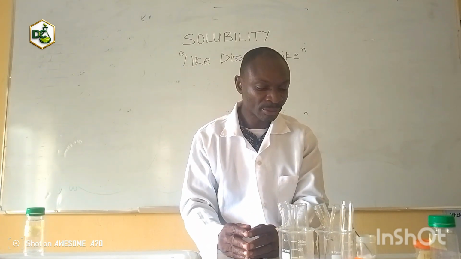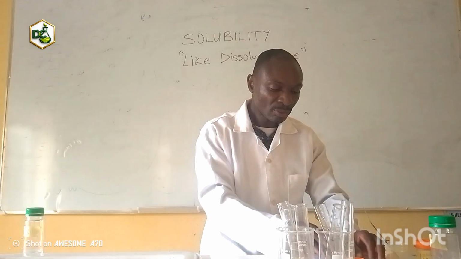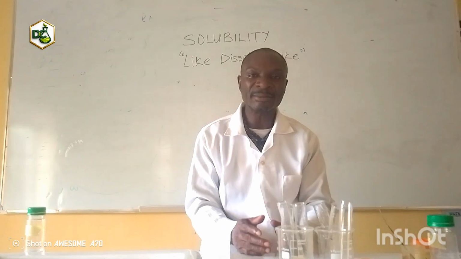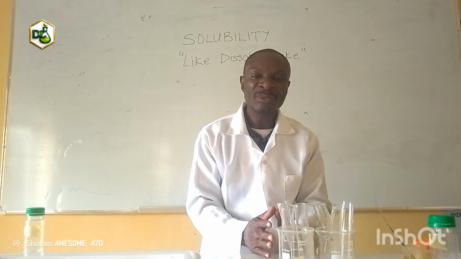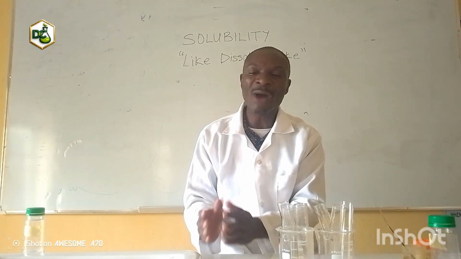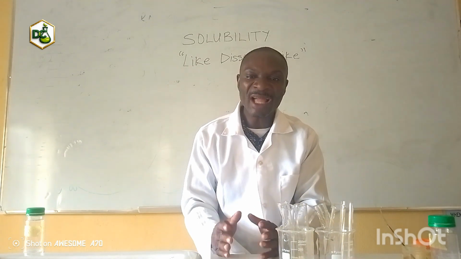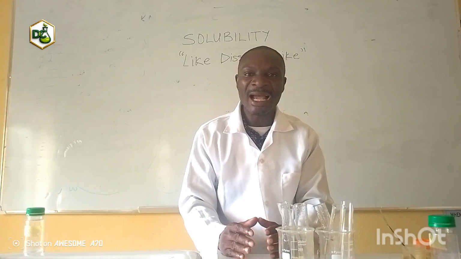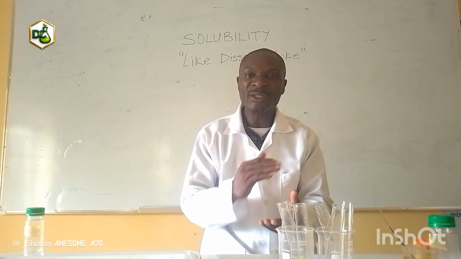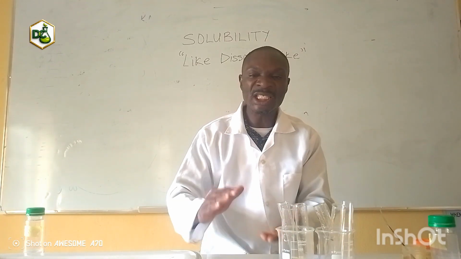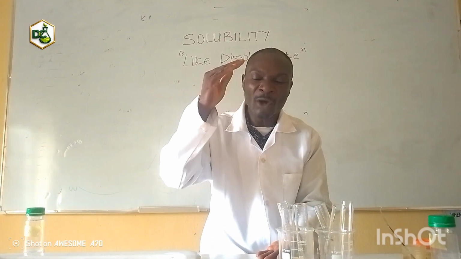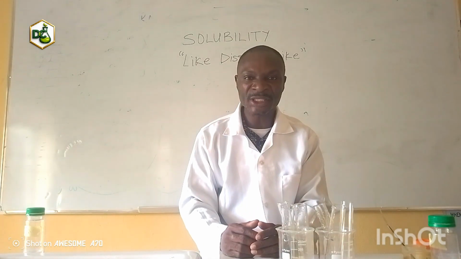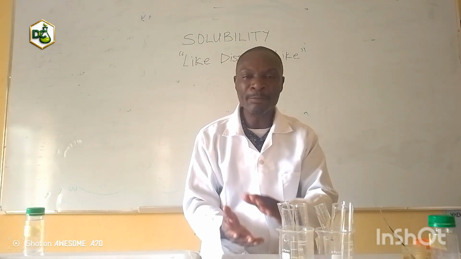Liquid-liquid interaction. We have said before that if you add a given volume of liquid to another, and after you have agitated, shaken, and tried to mix them, you leave it for a while, and you discover that a boundary is formed, with an upper and lower layer, two distinct layers, it means those two substances are immiscible.